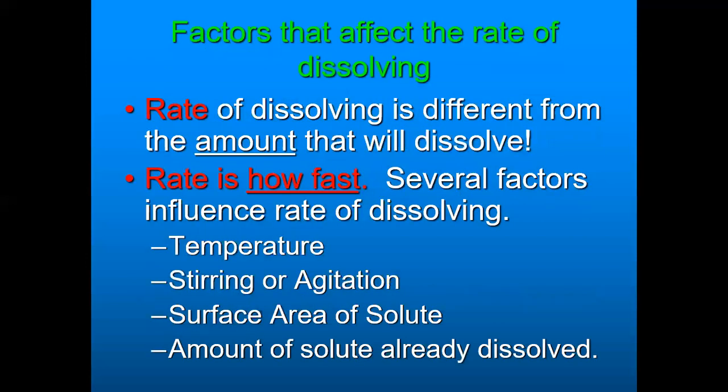Factors that affect the rate of dissolving. Rate of dissolving is different from the amount that will dissolve. Rate is how fast. Several factors influence the rate of dissolving, for example, temperature. The solubility of certain substances increases with increase in temperature, and for others it decreases with increase in temperature.